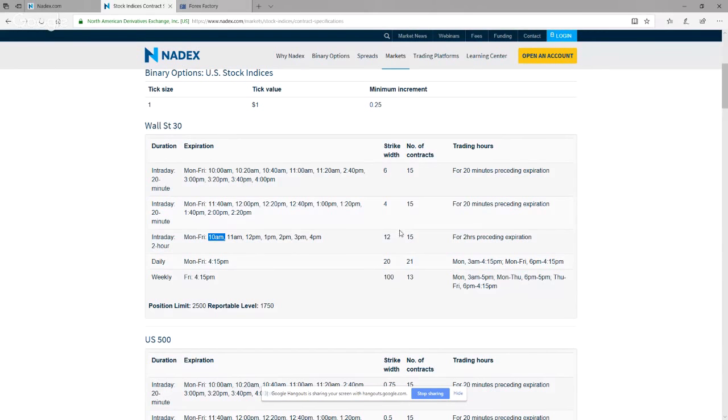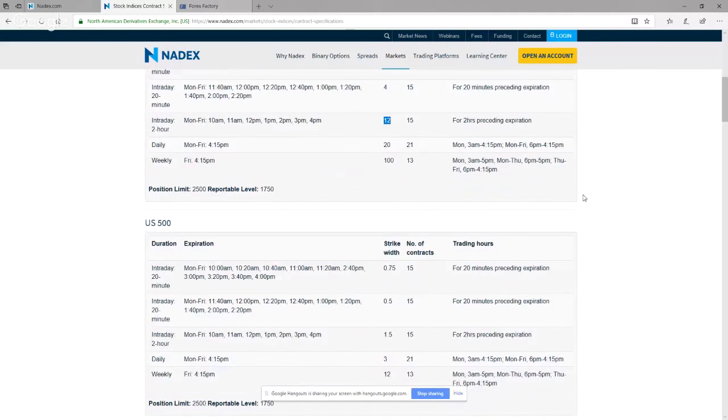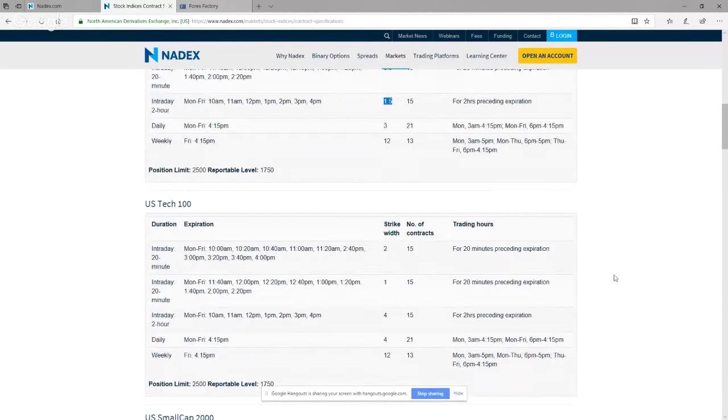And the strike width is 12 points. On the US 500, the strike width is 1.5 points. On the US Tech 100, the 2-hour binary is 4 points.